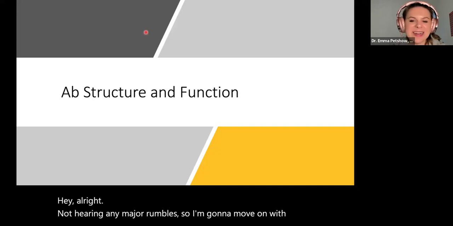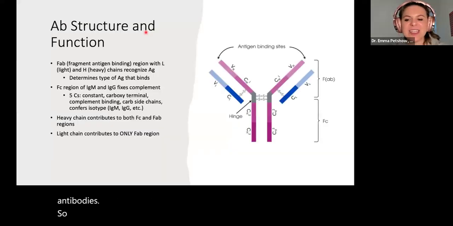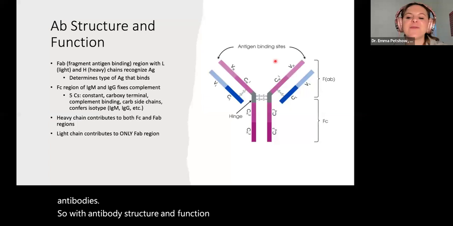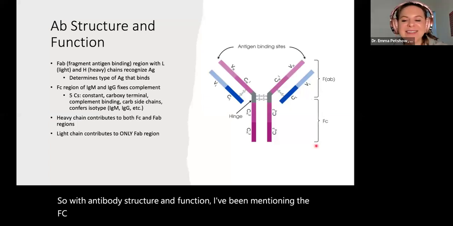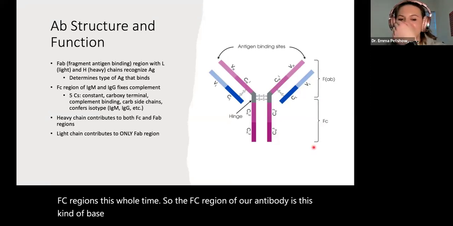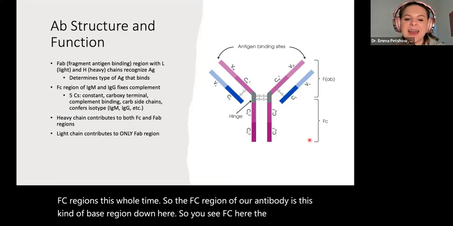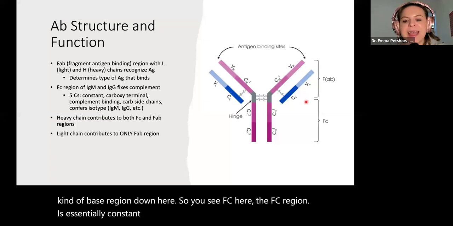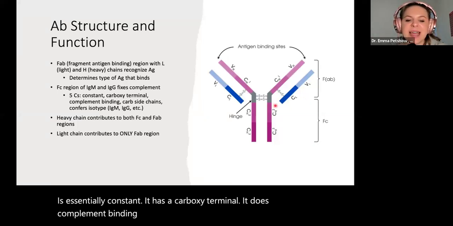So with antibody structure and function, I've been mentioning the Fc regions this whole time. The Fc region of our antibody is this base region down here. The Fc region is essentially constant. It has a carboxy terminal. It does complement binding, and it really confers the isotype of the antibody.